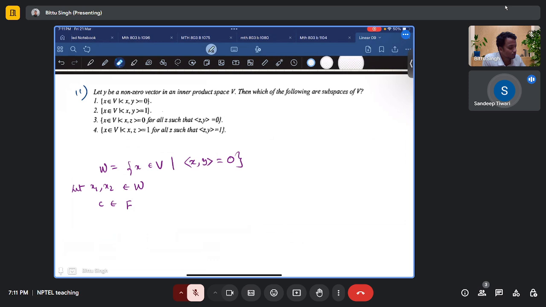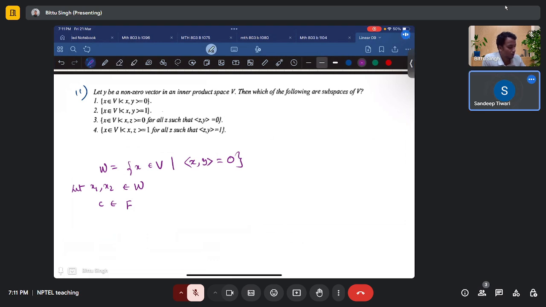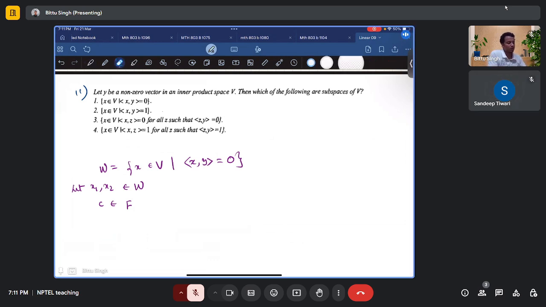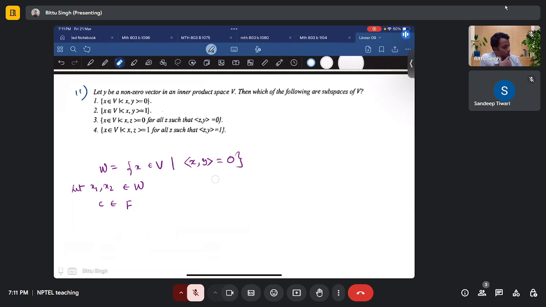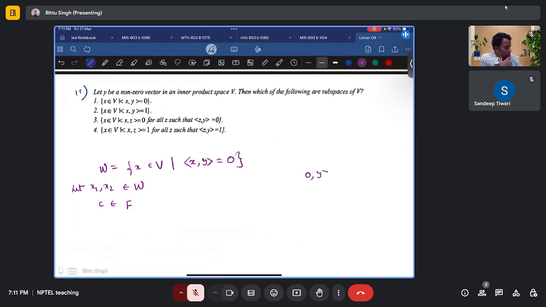0 is already there, because the inner product with 0 is always 0. So 0 belongs to W. Now x1, x2 belong to W means the inner product with y equals 0, right?